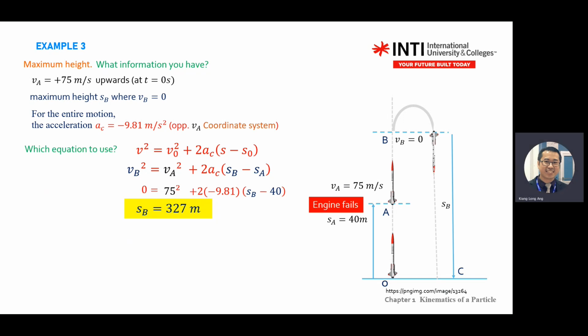In the early slides, I showed you speed and velocity, right? You are finding velocity and not speed. Speed is total distance divided by time.